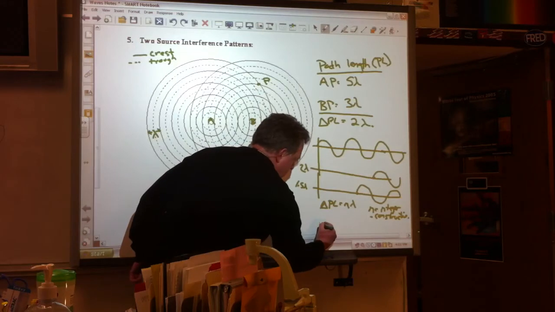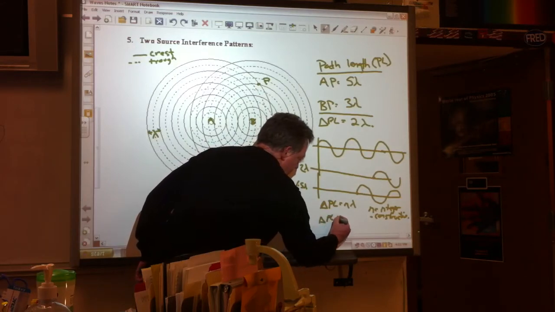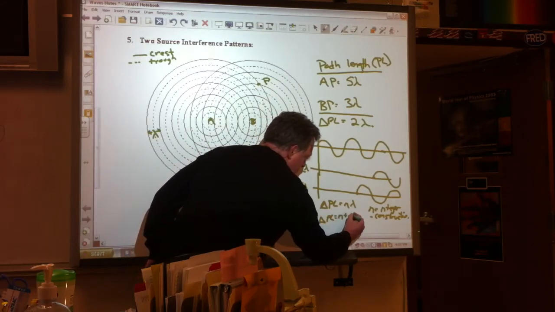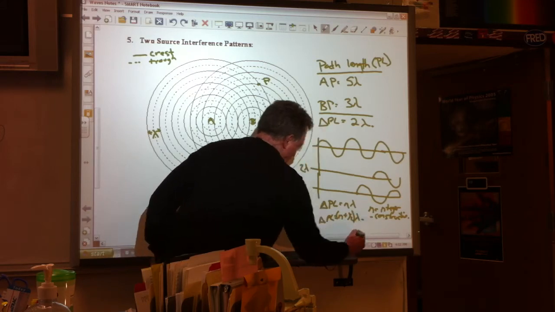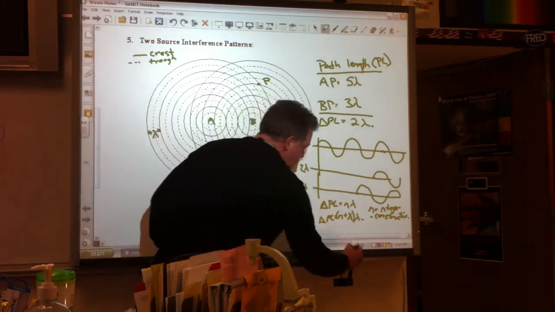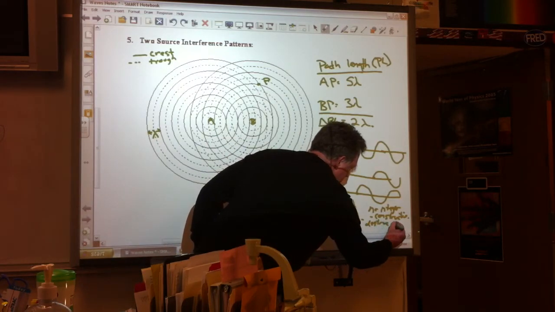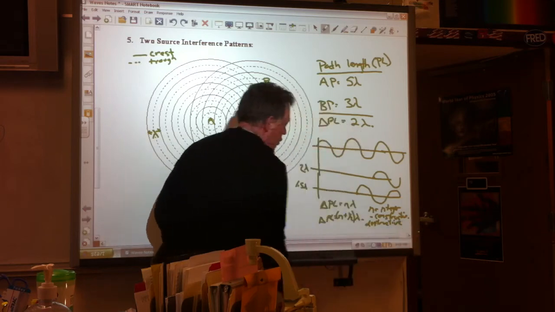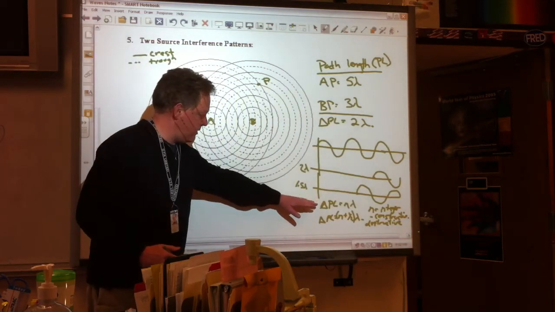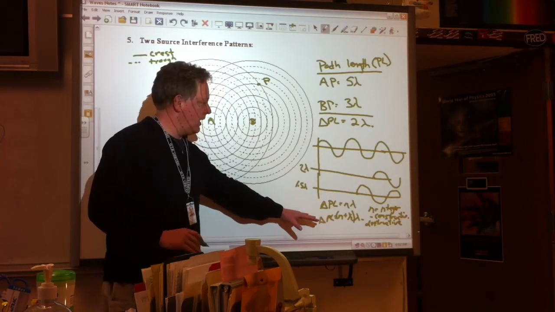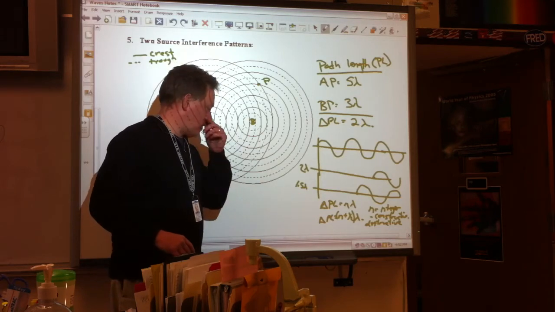But if the change in path length has a half in there, so (n + 1/2) times lambda, we get destructive interference because they're going to be out of phase. So if it's a whole number of wavelengths different, it's in phase. If there's a half a wavelength in there, it's out of phase, and we get destructive.